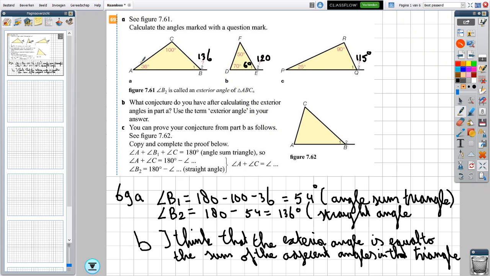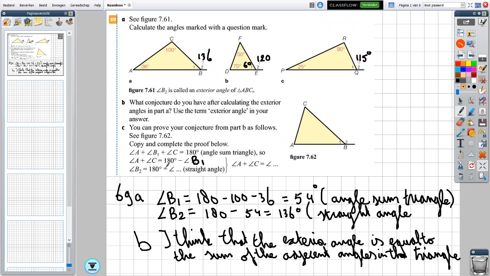So angle A plus angle C must be the same as 180 minus angle, in this case B1, right? If I add these two up, I get 136. Yeah, that's the same as 180 minus, in this case, 54, this one right here.